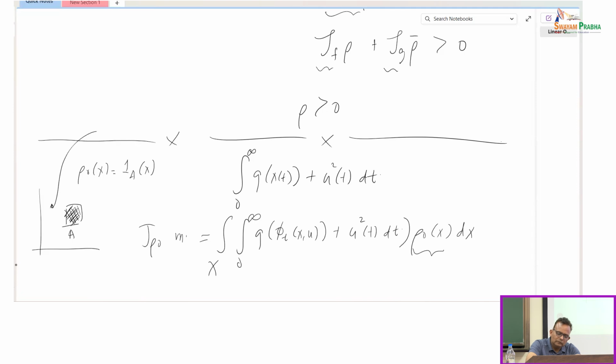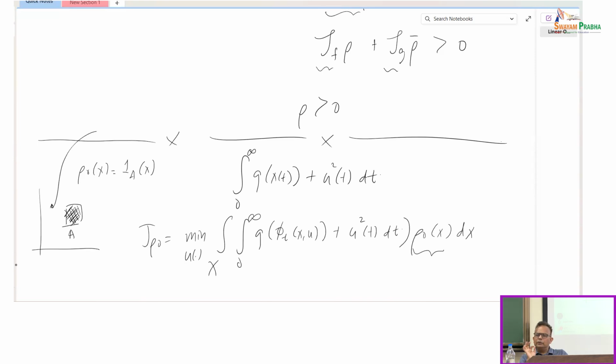Unlike the cost function that you have, which is a function of the initial condition, this cost function is a function of the distribution. Okay. Now, this is the problem that you want to solve. The reason we are doing this is because when you go to the space of densities, the point actually loses any meaning.